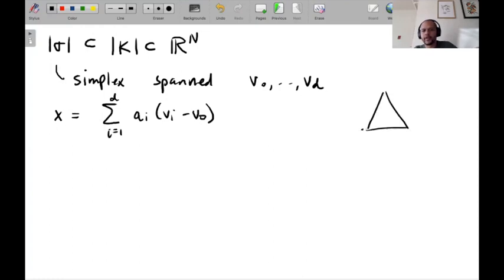I hope this is not confusing. So we have v0, and a point on the simplex can be written in this way. In this picture you have two vectors, v1 minus v0 and v2 minus v0, and any point in here is a linear combination of those.